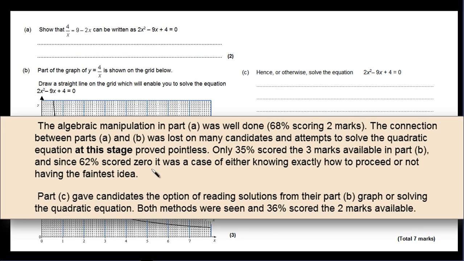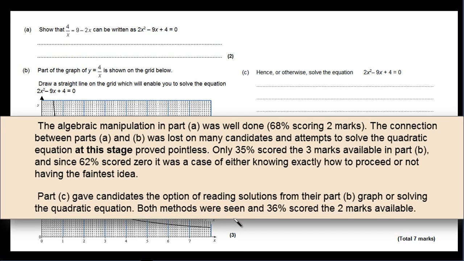And since 62%, so most of the others, scored 0, it was a case of either knowing exactly how to proceed or not having the faintest idea. So there was some misunderstanding here. But part C gave candidates the option of reading solutions from their part B graph or just solving the equation 2x squared minus 9x plus 4 equals 0 using other methods.